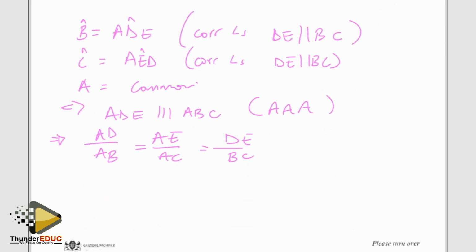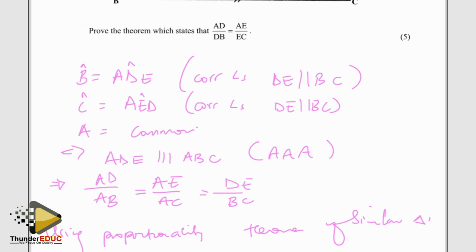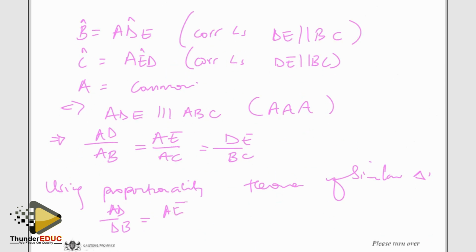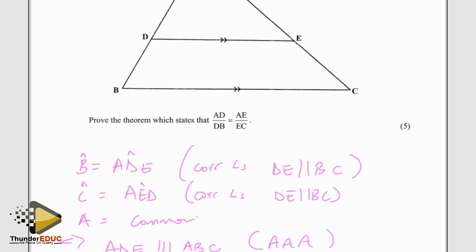Then I can draw the conclusion using the proportionality theorem with similar triangles and say that AD over DB should be the same as AE over EC. There we go. That's 10.1.